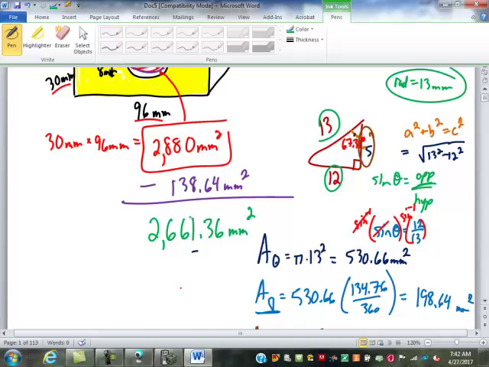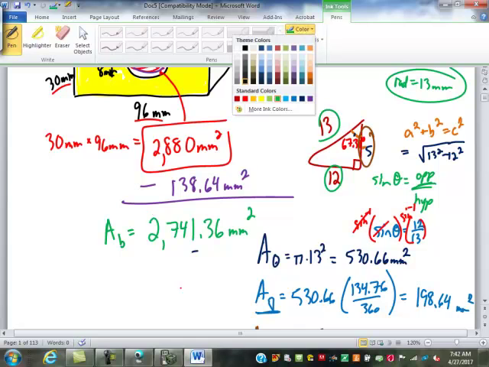Say no. It's not. 2,741.36. Sound better? So that's the area of the base, the area of that highlighted spot.